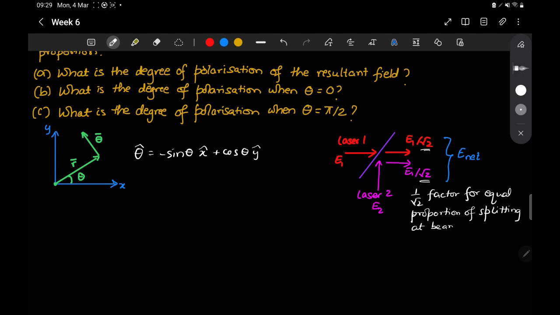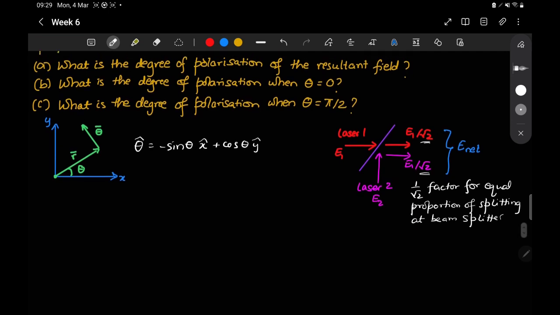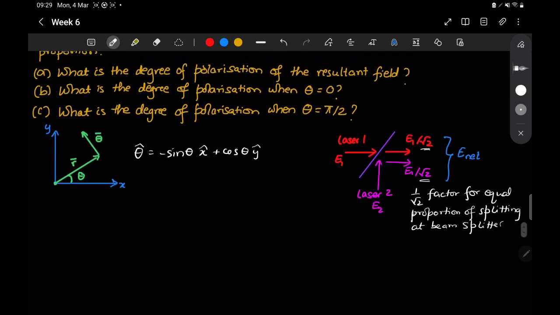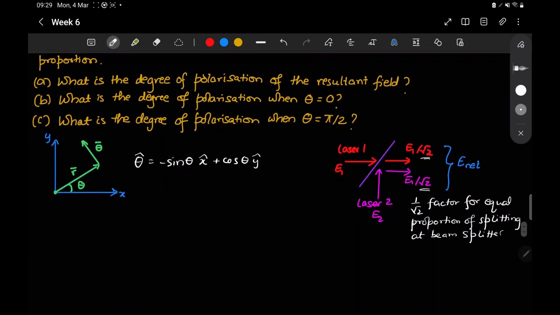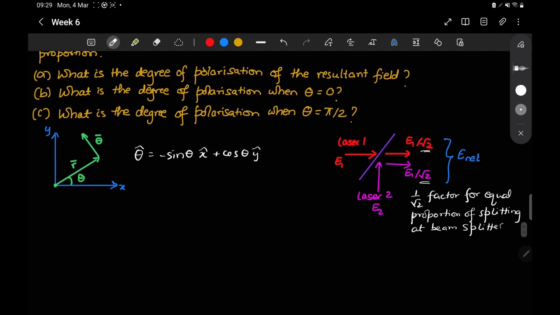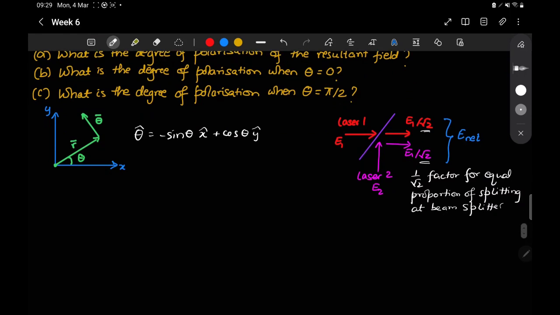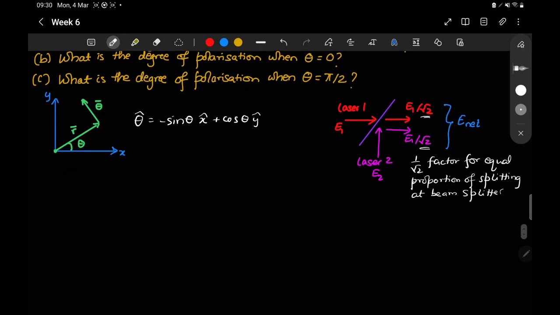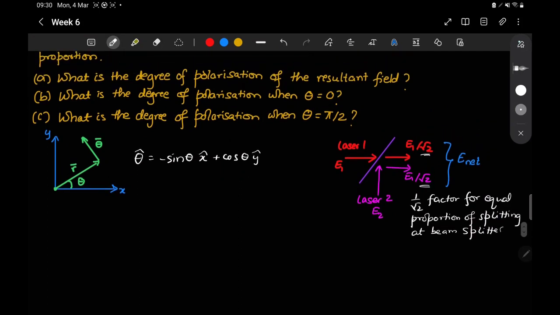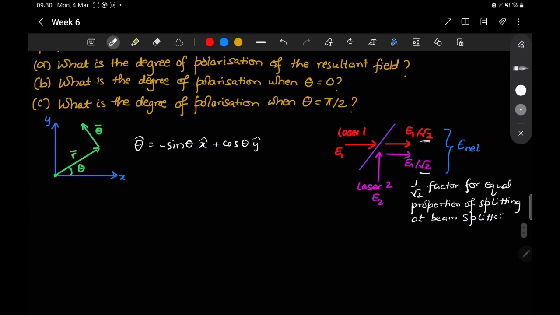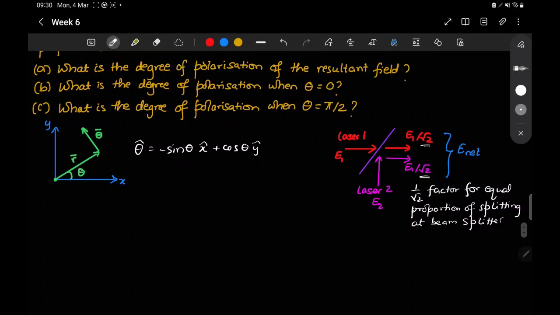So assuming this is a 50-50 beam splitter, now since we have all this framework ready, the coordinate system and what happens at the beam splitter, let us start solving.